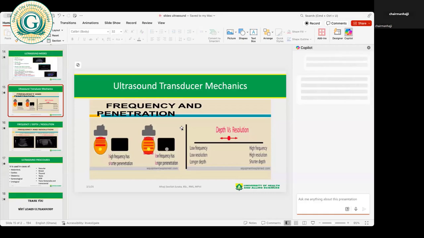So the depth is directional, the frequency and depth. When I say depth, I mean penetration.